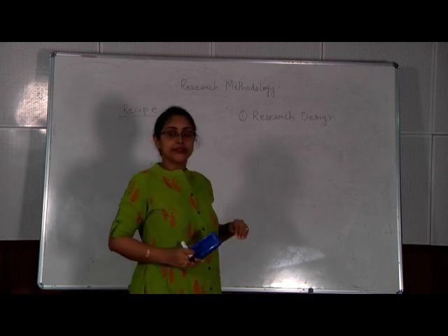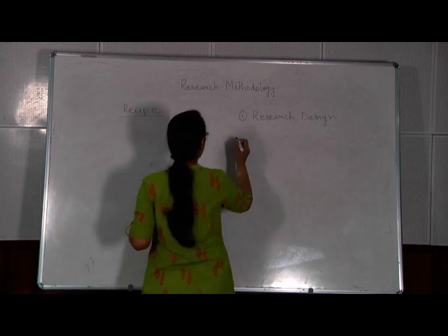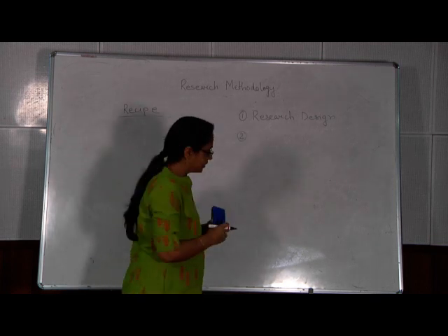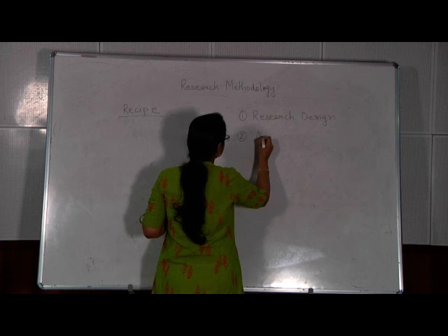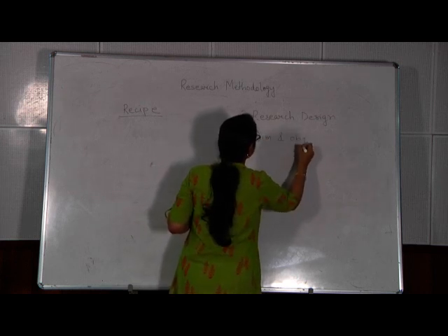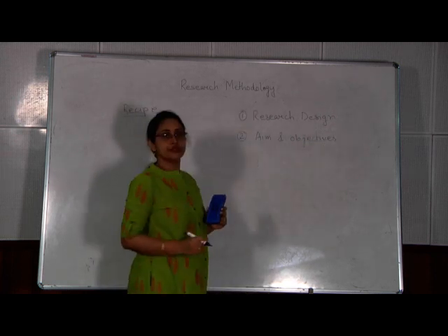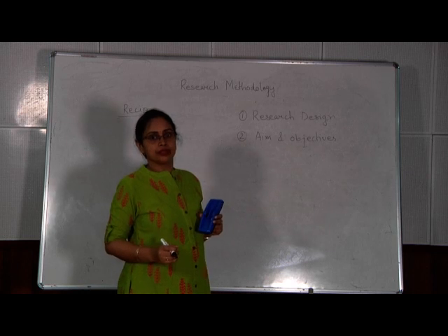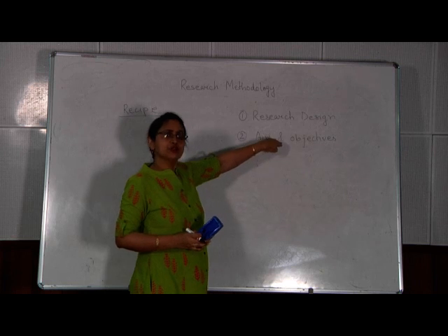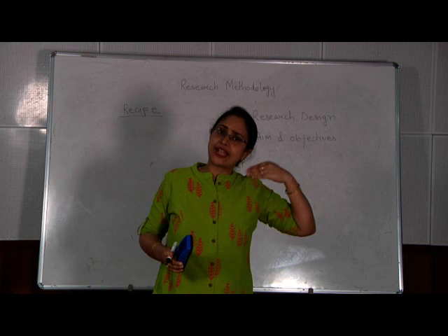After you have explained this, I'd suggest that you go on to the second point, which is stating the aim and objectives of your research. Some people also put the aim and objectives as part of the introductory chapter or immediately following the rationale.